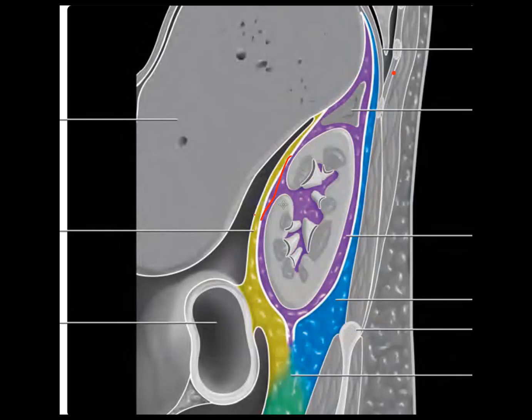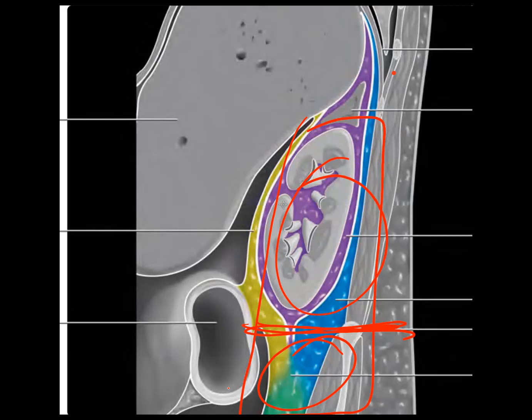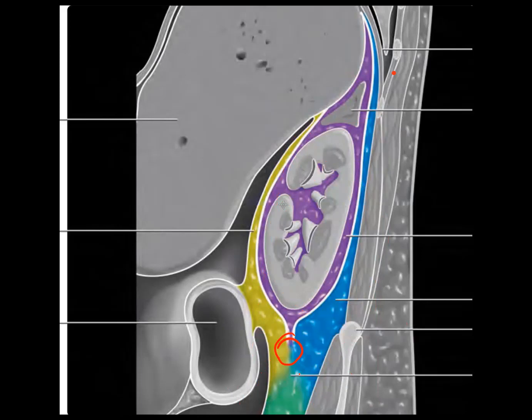Anterior to this renal fascia we have the anterior pararenal space, posteriorly the posterior pararenal space, and all three layers become continuous in the infrarenal part of the retroperitoneal space. Now this entire thing is the retroperitoneal space, divided into the renal area and the infrarenal retroperitoneal space, and all three communicate with the infrarenal retroperitoneal space.